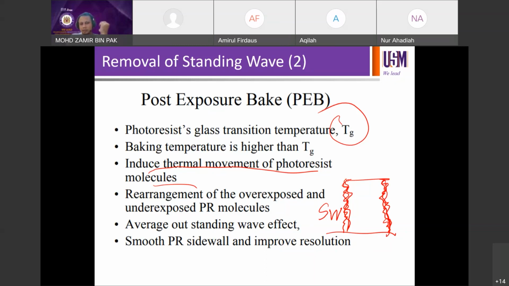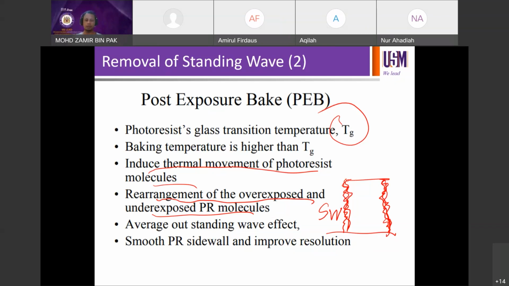So the thermal introduction in PEB will induce thermal movement of photoresist, which will cause a rearrangement of the overexposed and underexposed photoresist molecules. The resist in the rough regions will rearrange their position and smoothen the ridges. So it becomes smoother because of the movement.